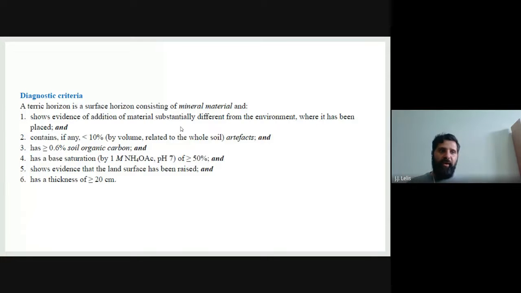To identify a terric horizon, we should understand that it's composed of mineral materials, so the organic carbon is lower than 20%. It should present evidence of addition of materials, okay?